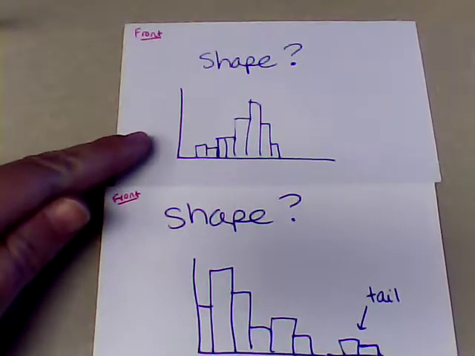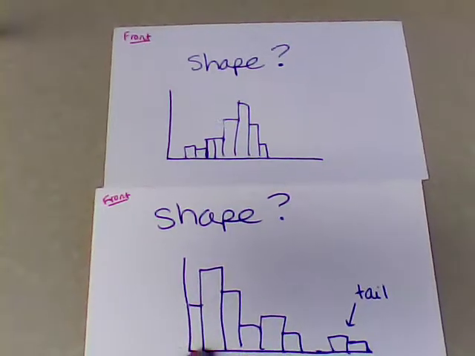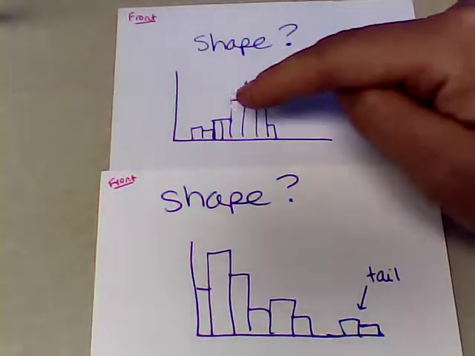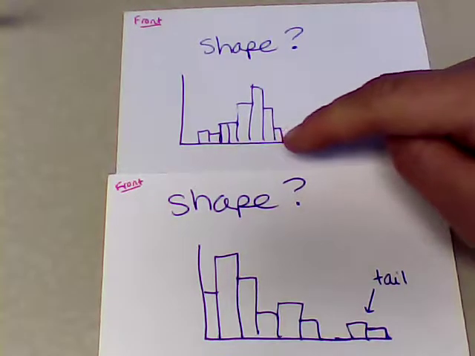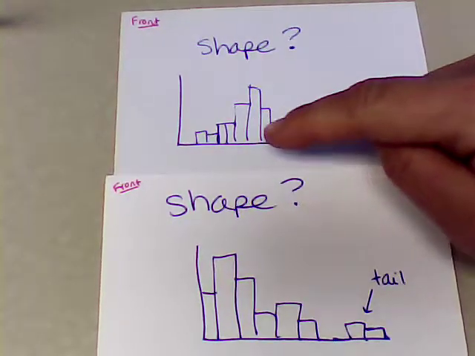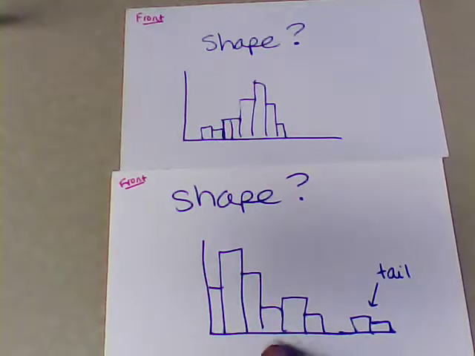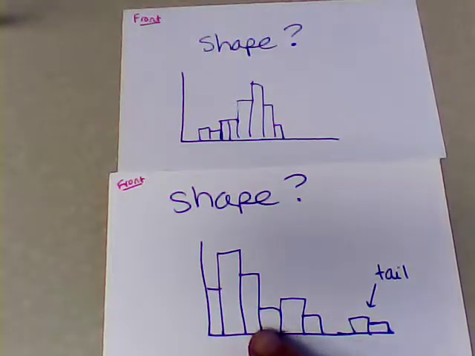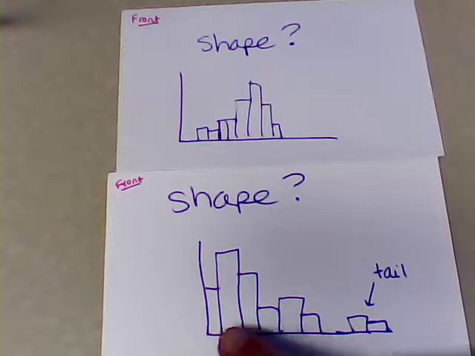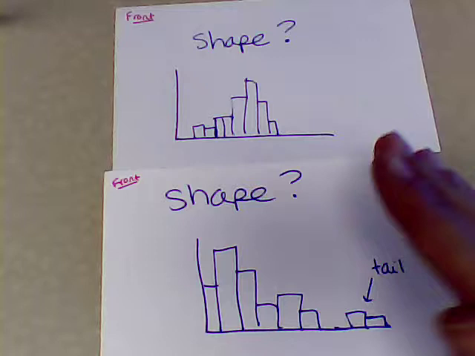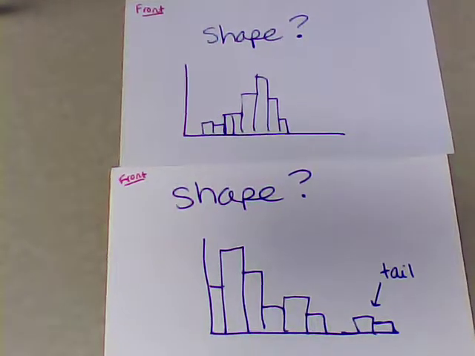This one is skewed, but maybe not as much as down here. If we went to the middle, where half of the data is above and half the data is below, this top half does not look like that bottom half. And same over here. There's no fold over in the middle. There's no line of symmetry.